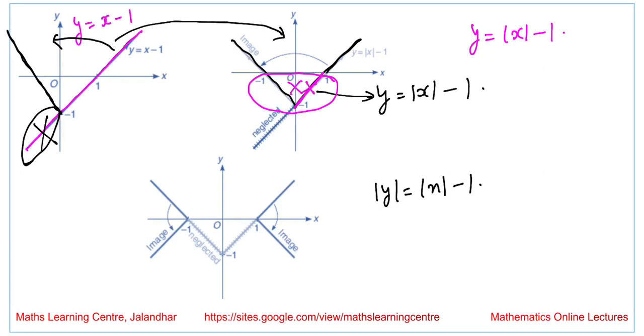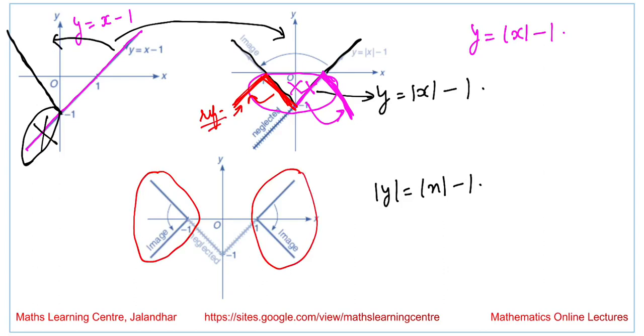We remove this line and obtain its reflection in this form. When we are talking about this other line, this is its reflection. That graph we obtain is the graph corresponding to the equation mod of y is equal to mod of x minus 1.